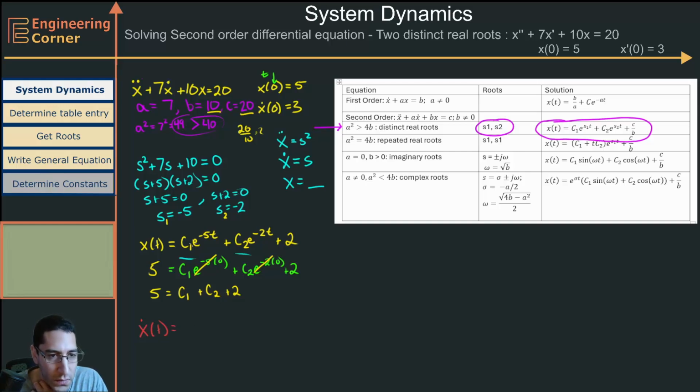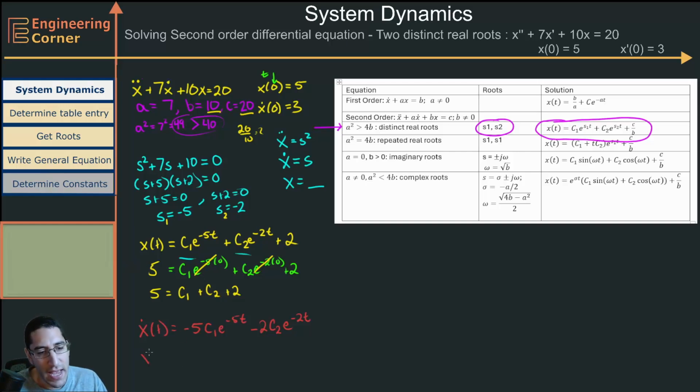We're going to get minus 5 C1 e to the minus 5t plus minus, because it's a minus 2 C2 e to the minus 2t, and the 2 is a constant and it goes away.